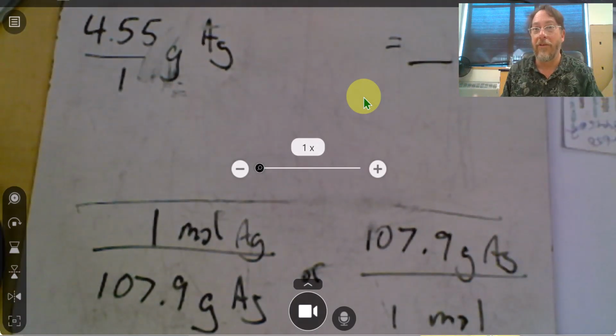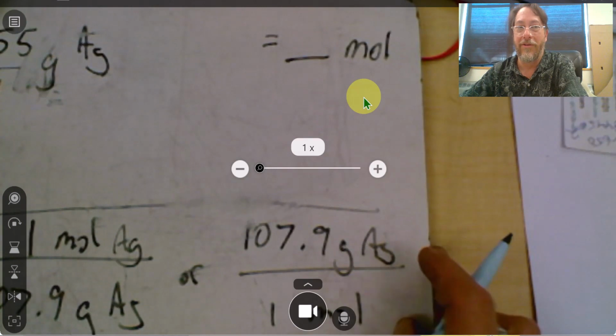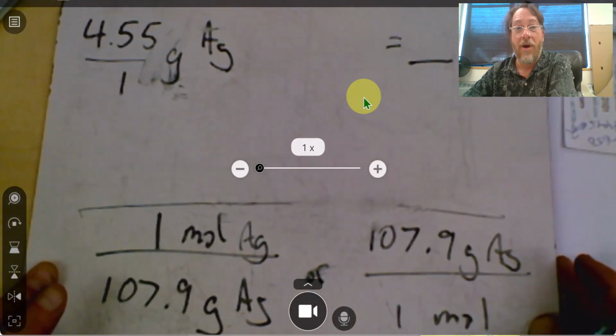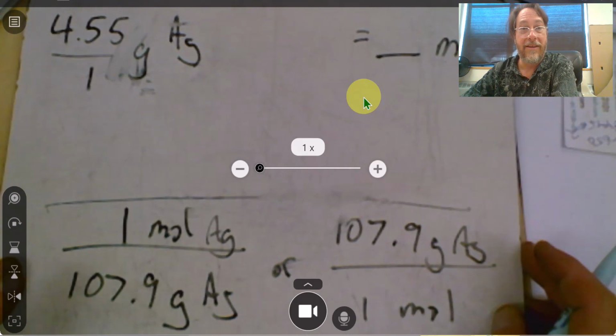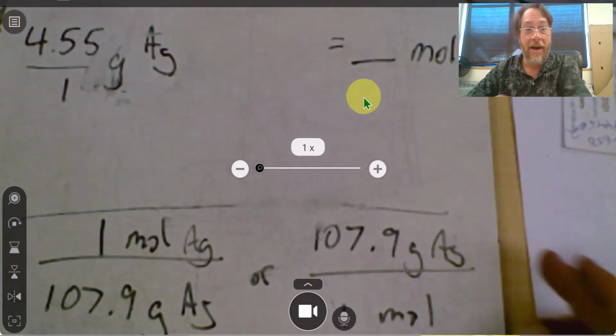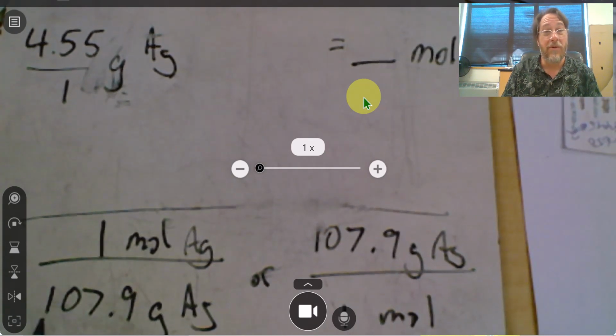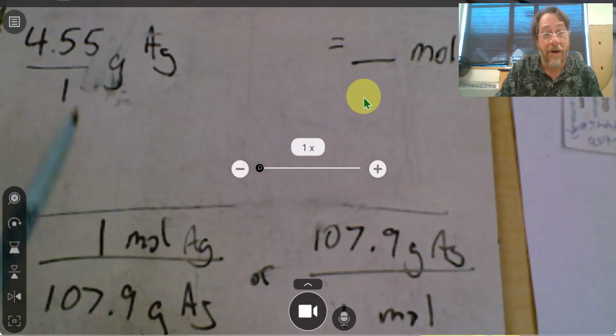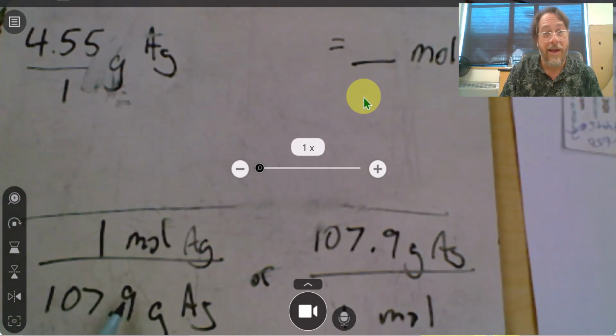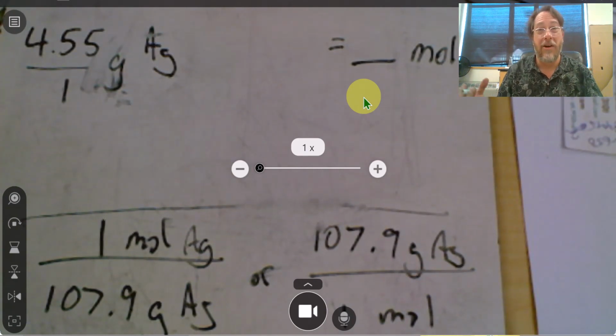So I will set this up so that the conversion factor I pick, which by the way will be this one, will have the molar mass of silver on the bottom, because really what we're doing is dividing our given amount by the number of grams in 1 mole and seeing how many moles that is. This conversion factor is just a way to help us set it up so that we're doing the right operation, dividing when we should divide, multiplying when we should multiply.